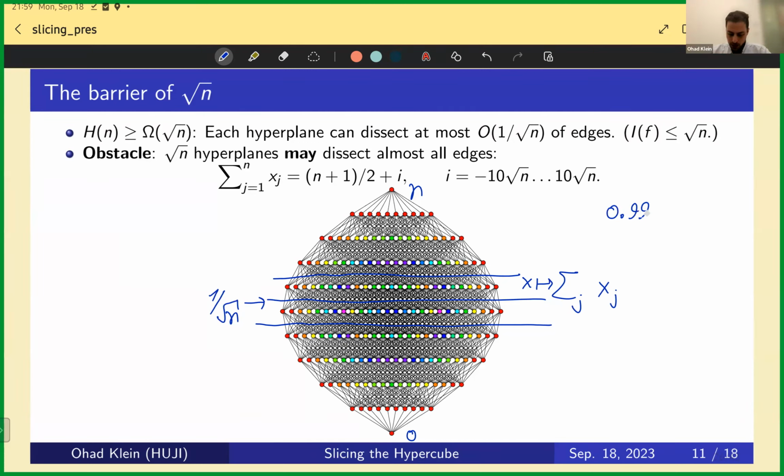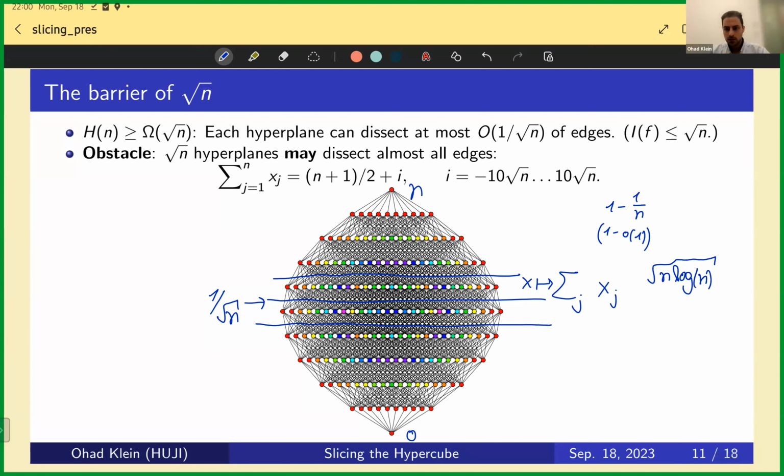Yeah, so for example we can dissect 1 minus little o of 1 of the edges by taking only square root of n log n hyperplanes. I see. Okay.